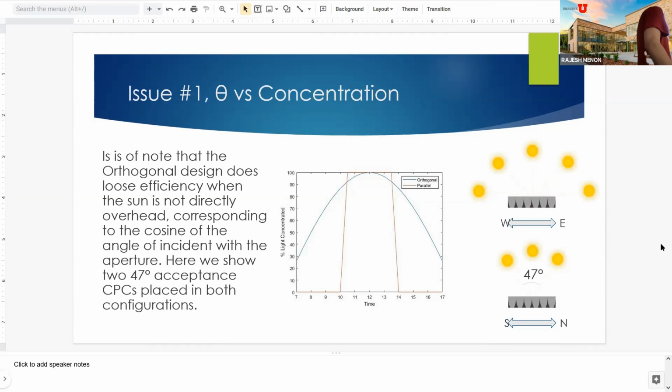For the other design, though, it varies with the cosine of the angle of the sun, and so long as the sun is within this 47-degree arc, which it always is, we will have full input into the CPC. You can see that the latter design has a much greater area under the curve, and in fact loses very little even during the daylight hours, where the original design is better. Can you go to the next slide?